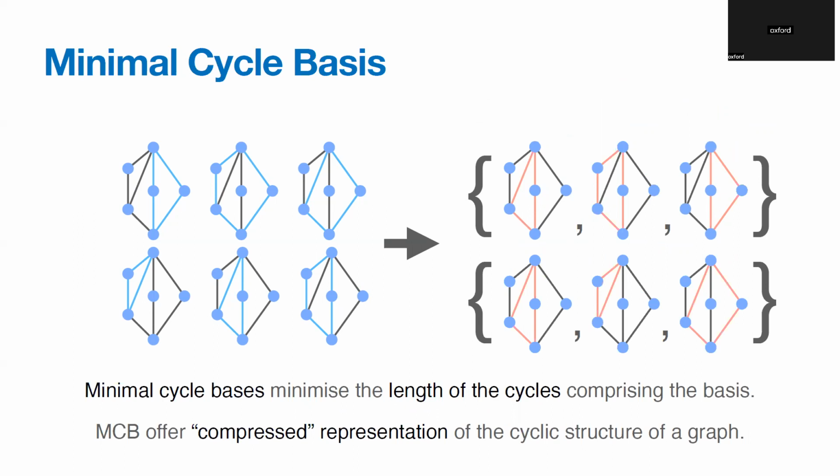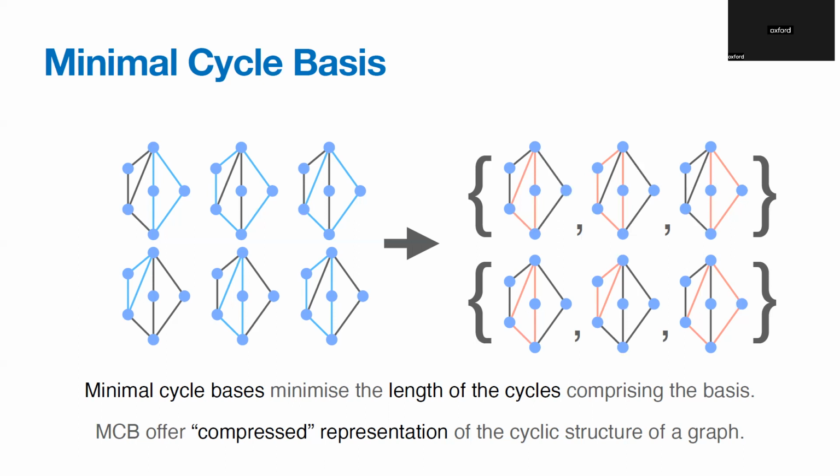So one way of reducing the number of choices we have to choose a representative of the cyclicity of the graph is to add a constraint on the cycle basis, where we ask that it's minimal. And by minimal, we mean that the length of all the cycles in that basis is the shortest possible. In terms of the philosophy underlying the question, that also goes with this idea that we're looking for deviation from treeness.